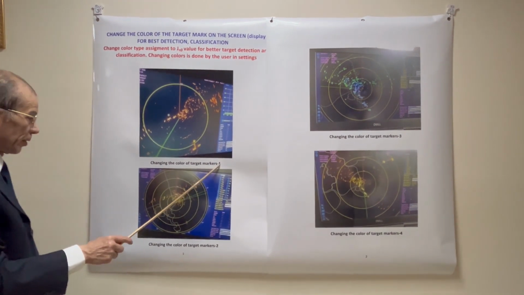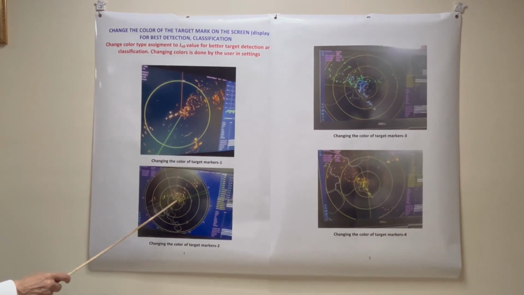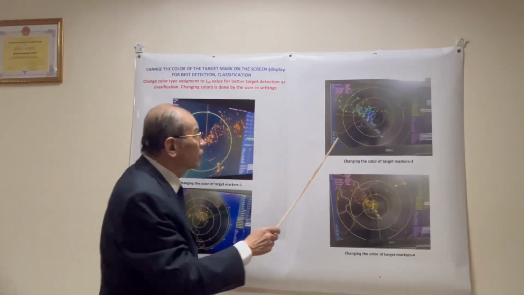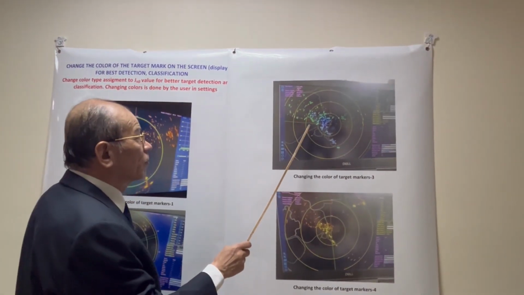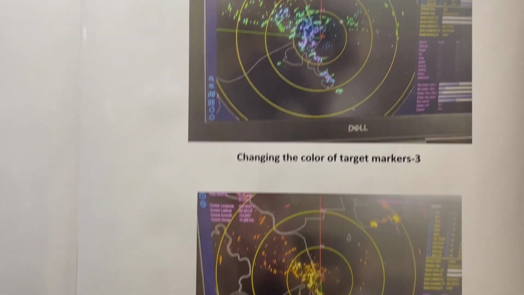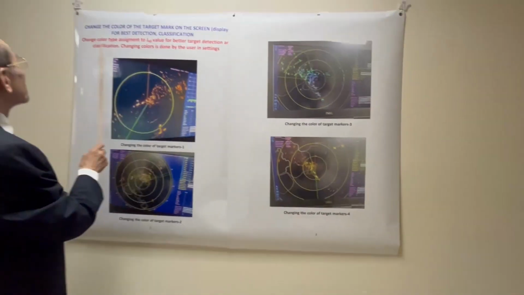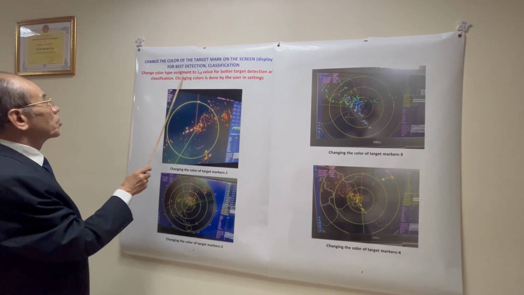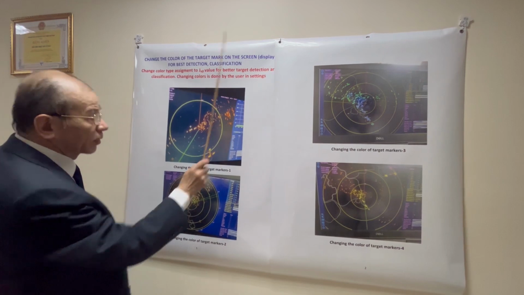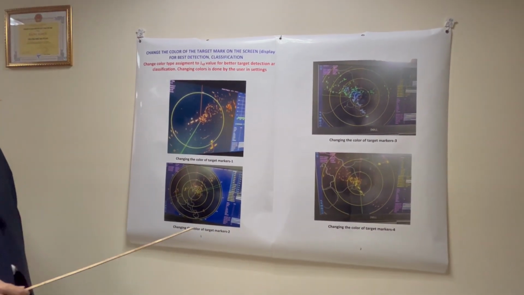It's the first type, and it is the second. The same target, but the color of the marker is changing. And the third variant for changing the color of the target marker. And the fourth variant, changing the color by assignment to the alpha beta value for better target detection. These are some pictures of changing the color of the target marker.